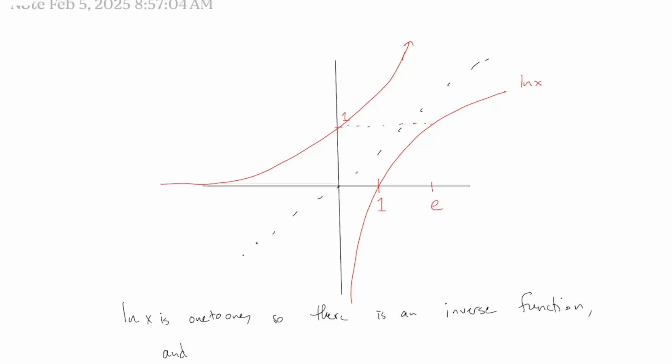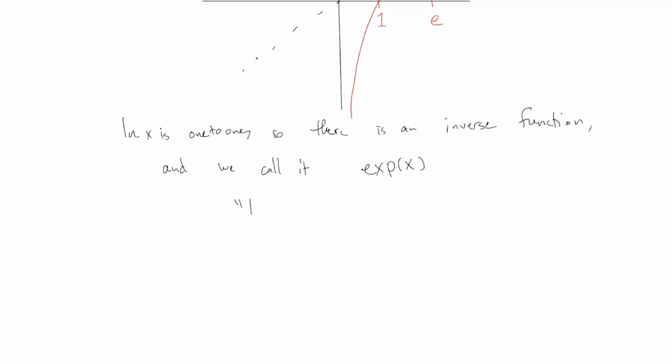And this function, the inverse of ln x, we call it, at least for now, I'm just going to write it this way, exp of x, and you'll see why in a moment we use that name for it. This is referred to as the natural exponential function.